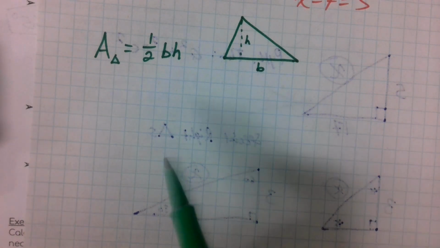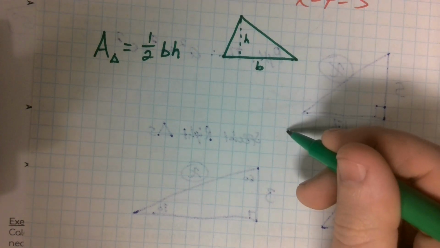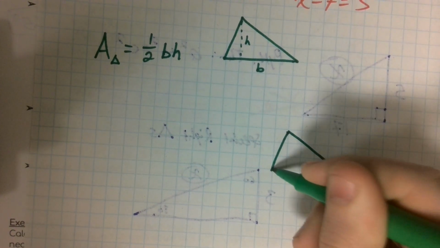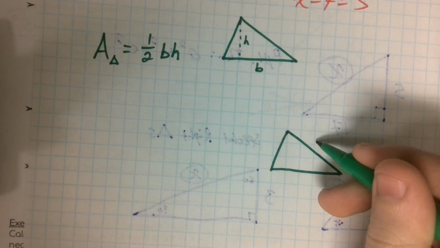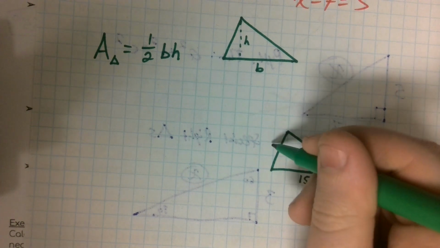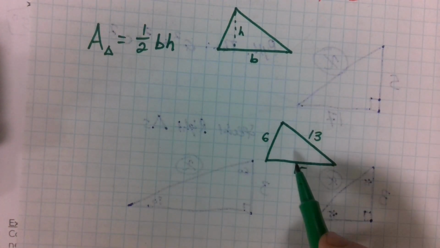But we won't always have the base and the height. In fact, most commonly, we're not really given the height of a triangle. What we're really given are the different side lengths, like 13, 15, and like 6. This presents a problem because finding the height is not easy.